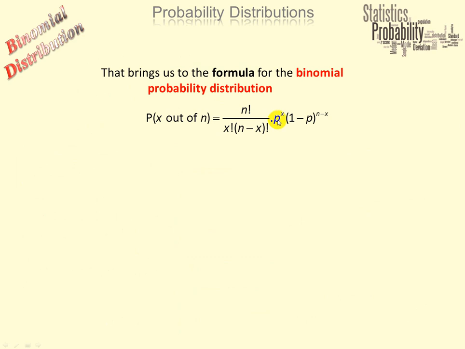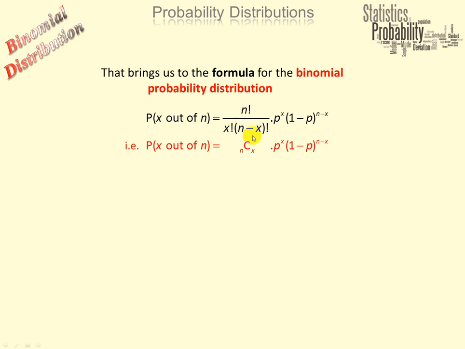Probability of success to the x, because you have x out of n, times probability of failure to the n minus x. And there's the number of arrangements we can have. We're arranging x and then n minus x of n items. It's only those 2 because it's binomial. There are only 2 options.